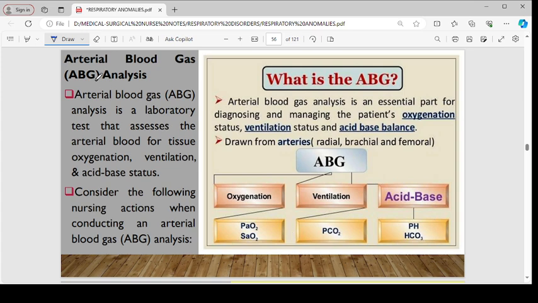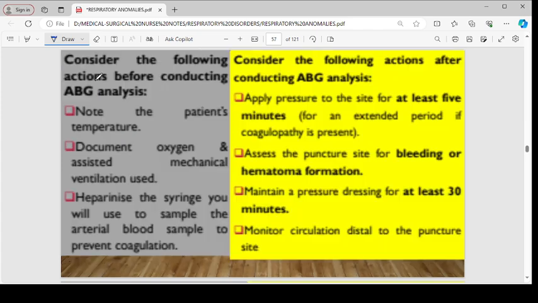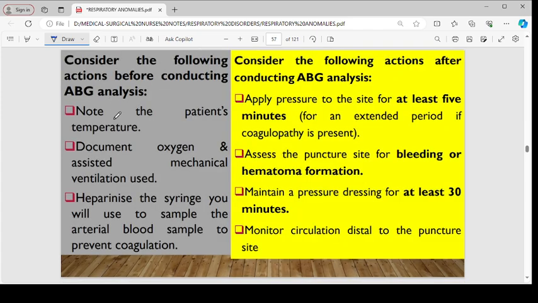ABGs. These are tests that use arterial blood to assess tissue oxygenation, ventilation, and acid-base status. So you have to consider the following. You have to know the patient's temperature, you have to document oxygenation and mechanical ventilation, and you have to heparinize the syringe you will use to sample the arterial blood to prevent coagulation.